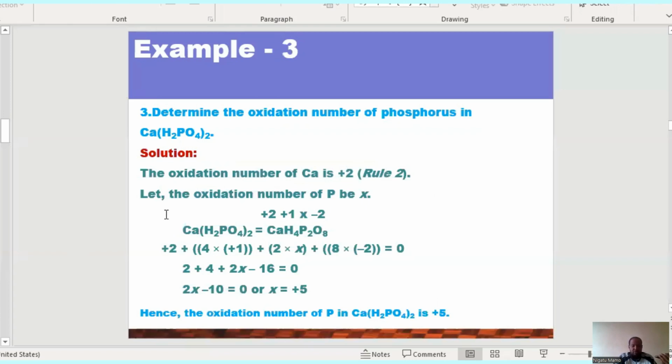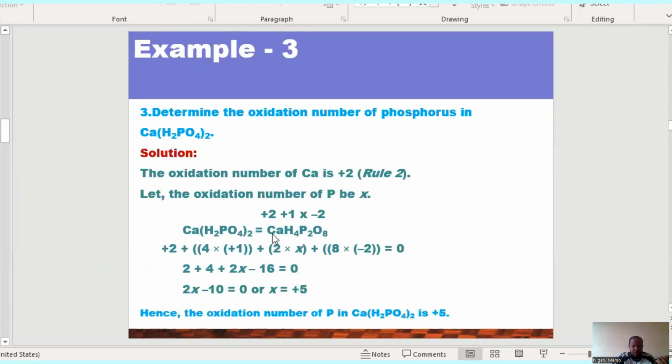Let the oxidation number of phosphorus be X. Then Ca(H2PO4)2 equals CaH4P2O8. This is a neutral compound.